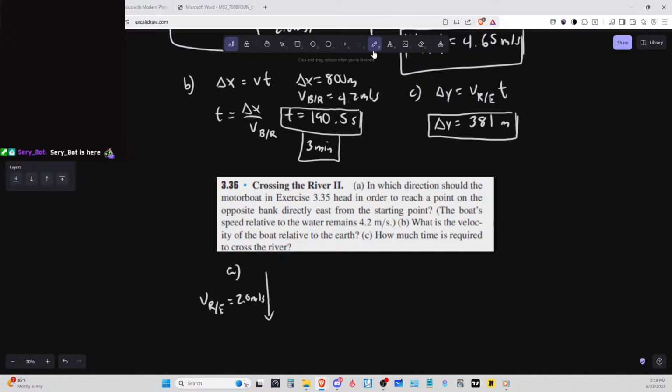What we want to do is have a path right here, meaning that the boat would have to go against the current this way. We also have to determine the angle, and this angle is going to be important because it's at our starting point.